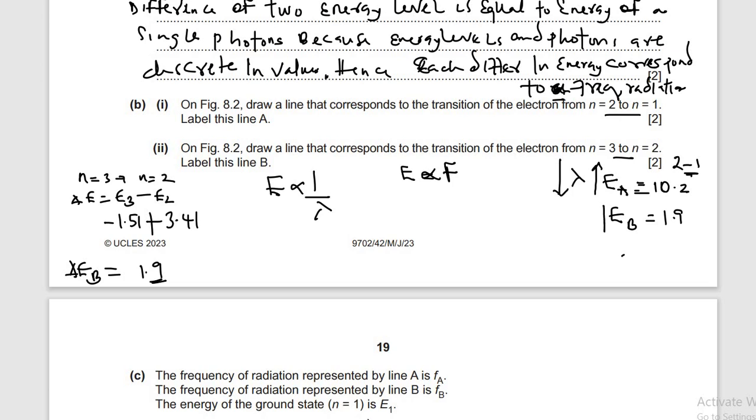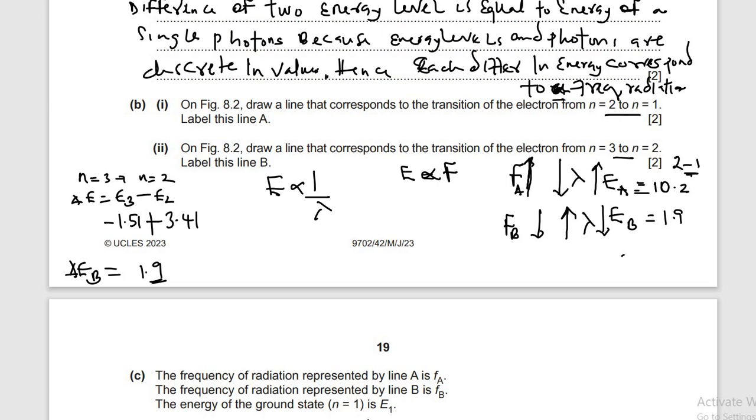This one has low energy, so the wavelength will be high. The frequency for EA will be high, and the frequency of this one will be low. We have high frequency for A, low frequency for B.